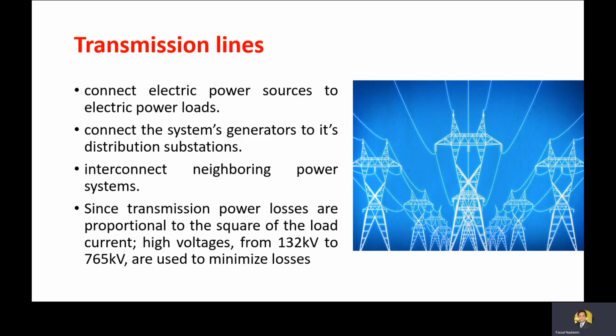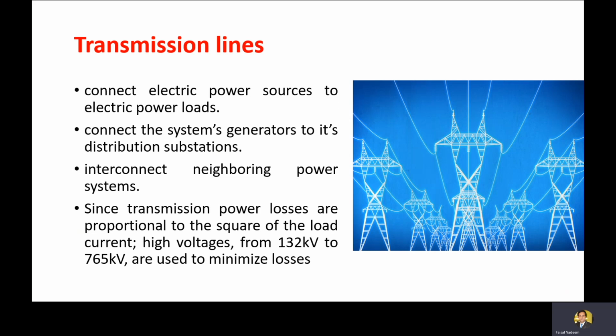Introduction. Let us start with the transmission lines. What are transmission lines? Transmission lines connect electric power sources to electric power loads, which means that they connect the system's generators to its distribution substations, which are also known as the grid stations.